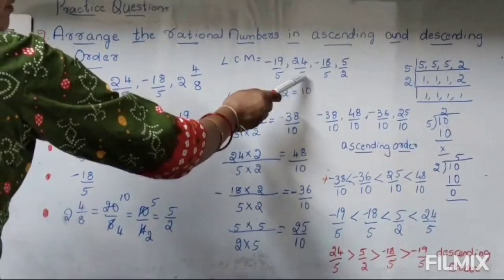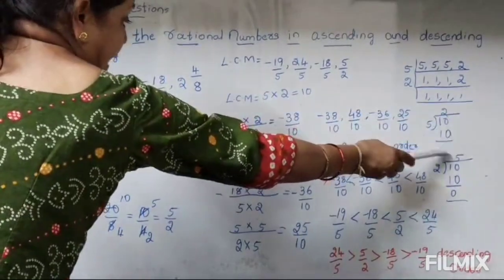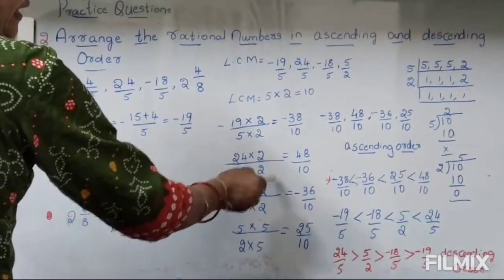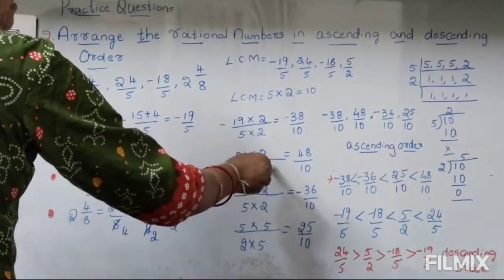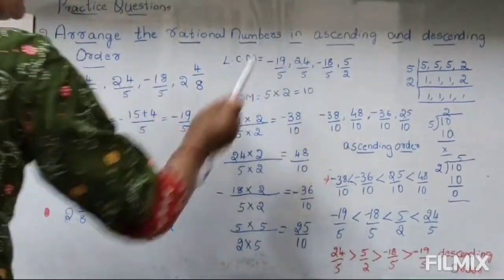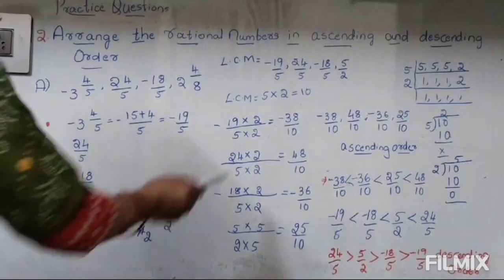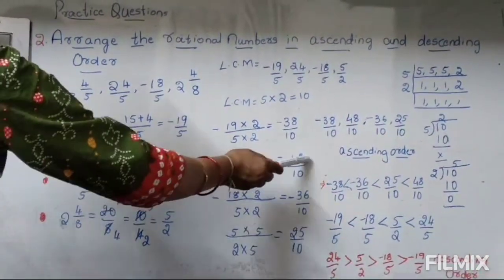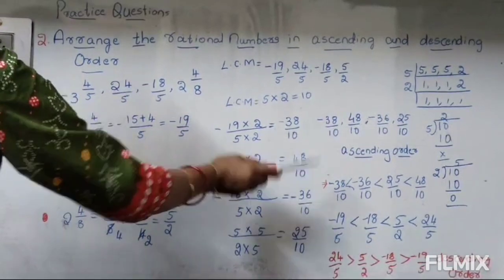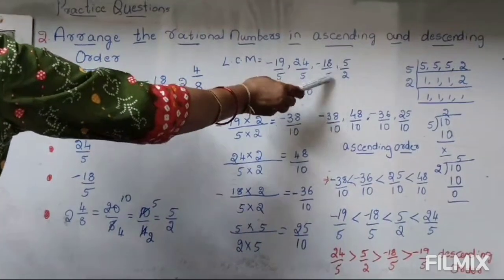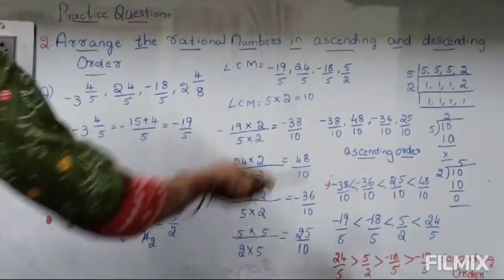Similarly, 5 2s are 10 once again, that is 5 into 2 in the denominator gives rise to 10 only. That 2 is multiplied by this 24. That is 24 into 2, 2 4s are 8, 2 2s are 4, 48 by 10. Similarly, minus 18 by 5.